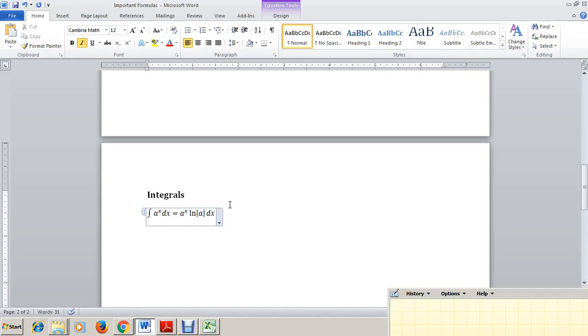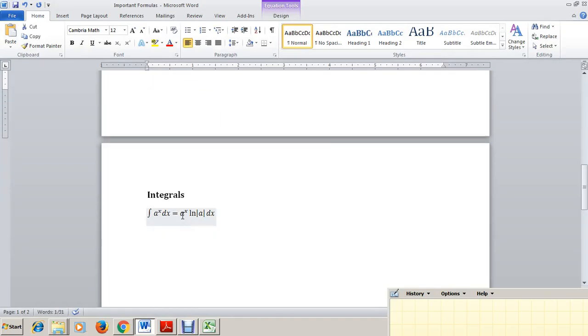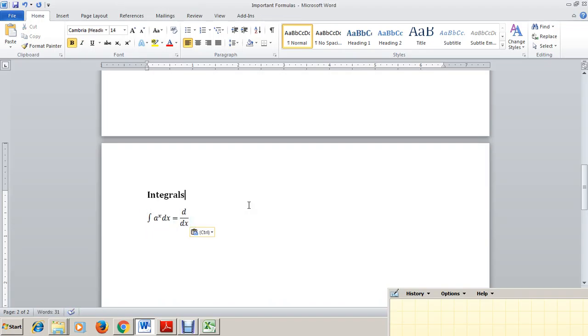So this becomes a raised to x over ln of a, then plus c.